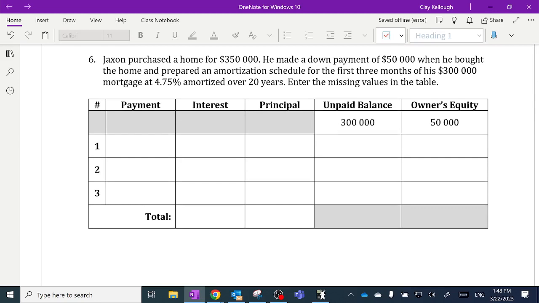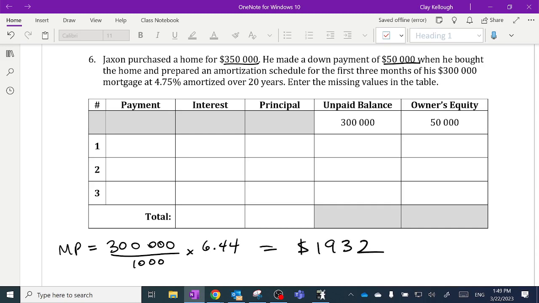And here we go. We're going to go through number 6. So the monthly payment, we've seen this calculation a bunch of times, is $350,000 minus $50,000, which is $300,000, divided by 1,000 times, and I looked up on the table, 6.44. So that's going to be a monthly payment of $1,932.